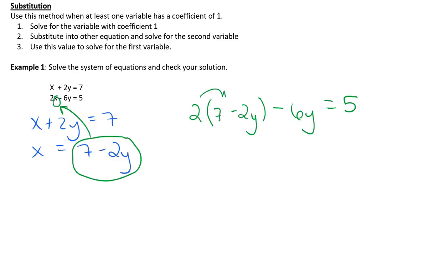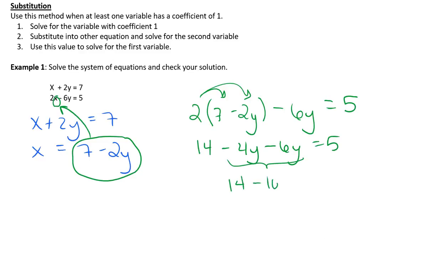If we distribute the 2, we'll end up with 14 minus 4y minus 6y equals 5. And so let's combine like terms. So we have 14 minus 10y equals 5.